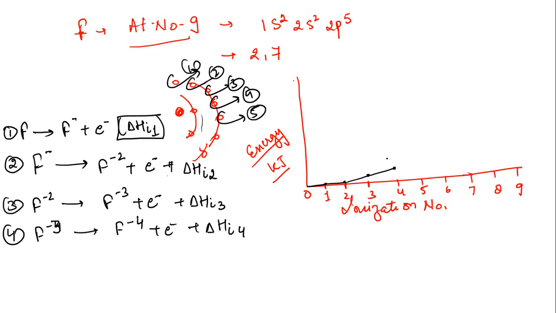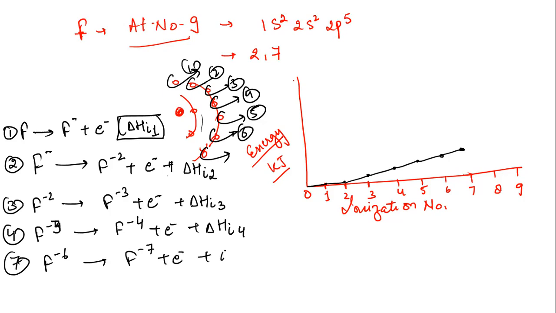Fifth removed, a little bit more higher. Sixth, a little bit more higher. Seventh too, so it increases like that. For the seventh, F minus 6 will give you F minus 7 plus an electron, delta H I 7.